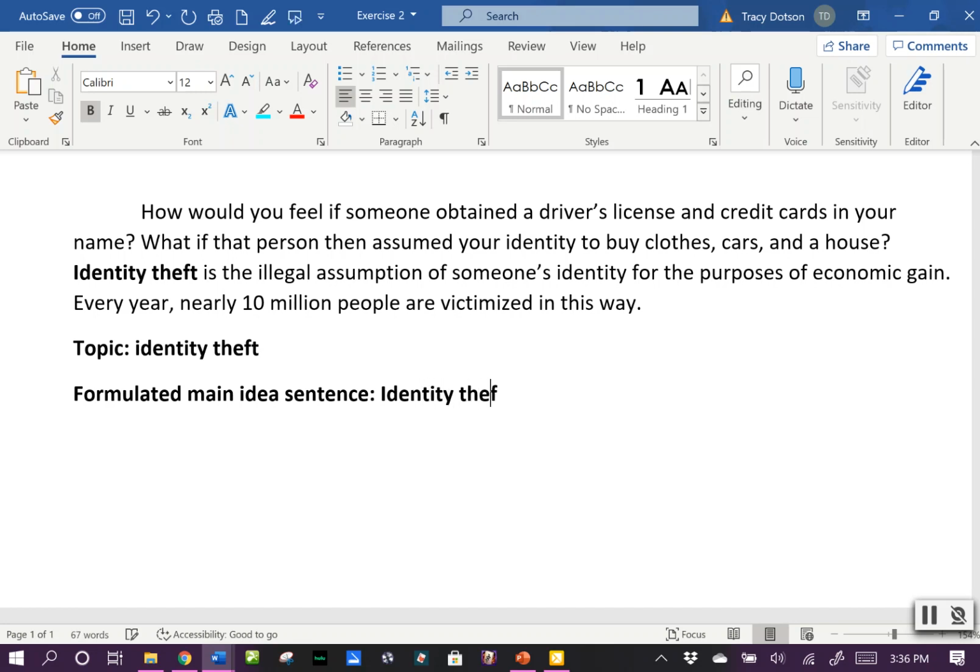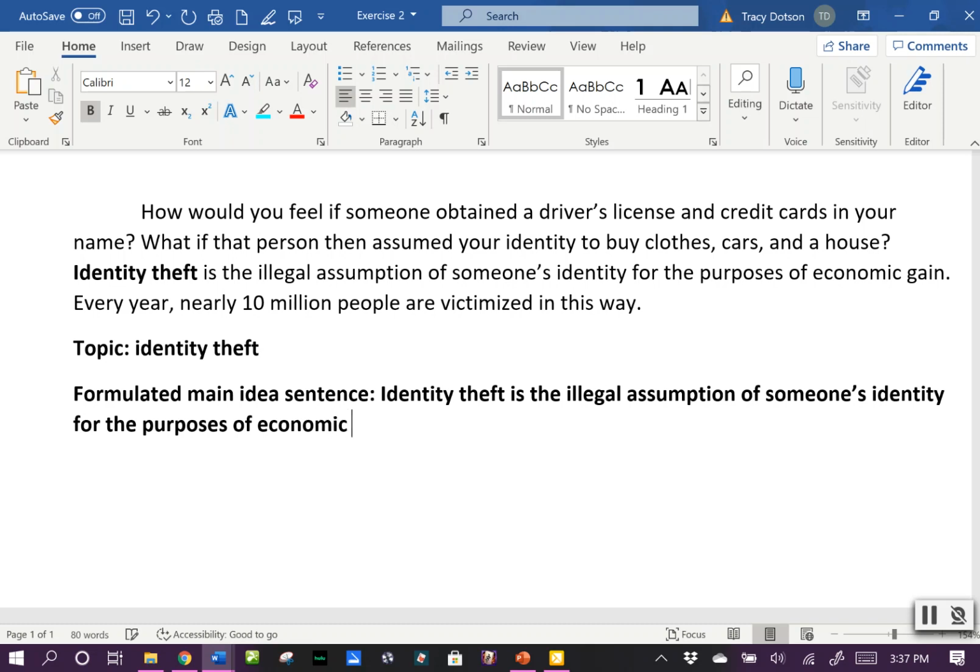So identity theft is the illegal assumption of someone's identity for the purposes of economic gain, then we're going to put a comma and our conjunction word, and every year nearly 10 million people are victimized in this way.